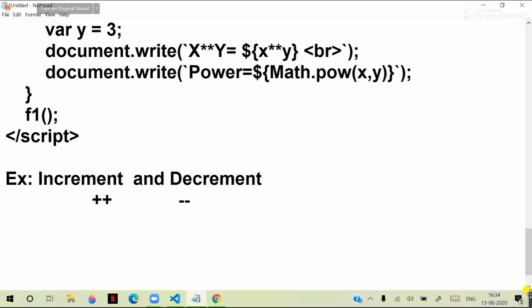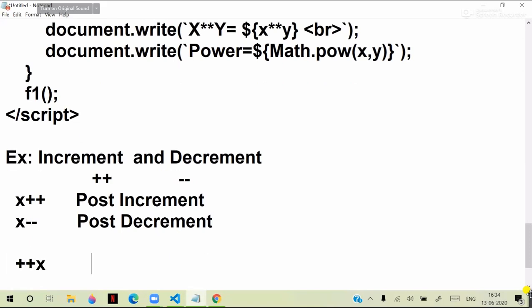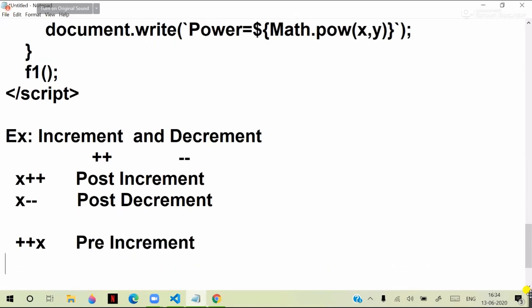Actually, the point is, suppose we define the value like x plus plus. We call this a post-increment, and x minus minus will be a post-decrement. If I say plus plus x, this is a pre-increment, and minus minus x, this is pre-decrement.